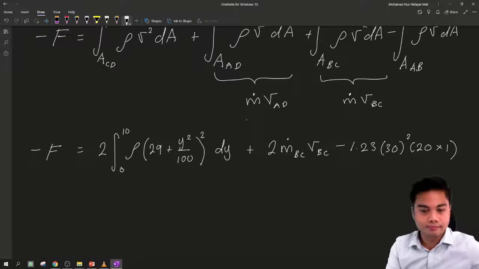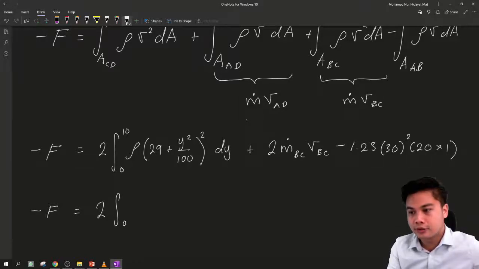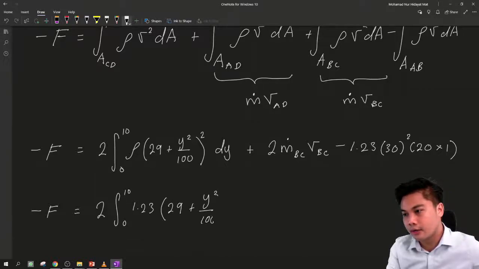So from here, we can simplify: negative F equal to 2, integration of 0 to 10, rho is 1.23, 29 plus y squared over 100 squared. Remember, dy is actually also multiplied with 1 because per meter.